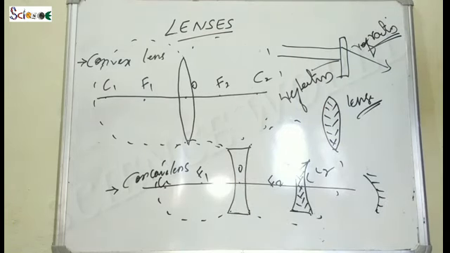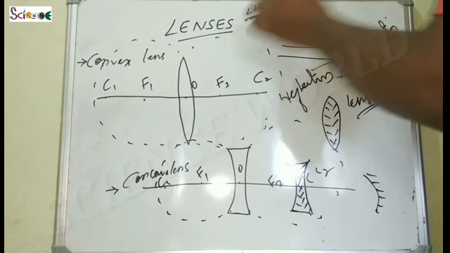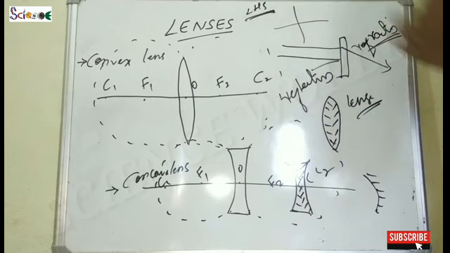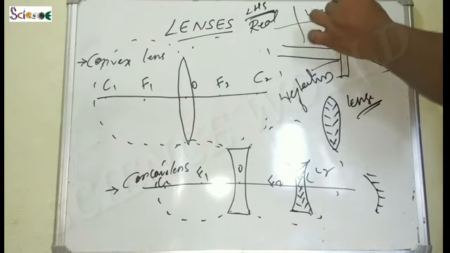With the last point, let me clarify that in mirrors we have seen that the image forming on the left hand side was real and on the right side was virtual, correct?